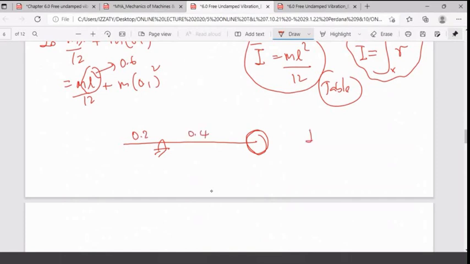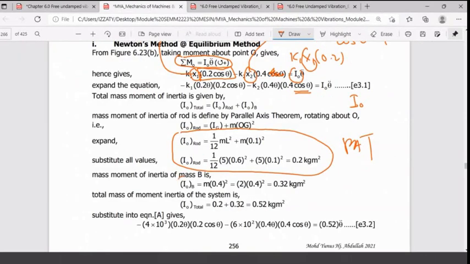So you need to use another I, which is I equal to m k squared, where your k now is equal to 0.4, because this mass is rotating about point O. So you go back to the solution, you have another one. Is that clear? So you have to add these together. We call it I total, which together will give you 0.52.